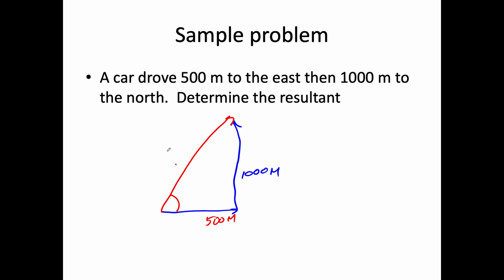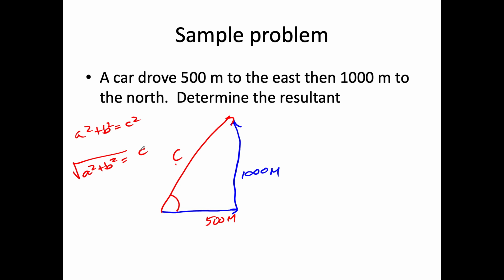So easy. a squared plus b squared is equal to c squared. Therefore, the square root of a squared plus b squared is equal to c. So we can get the hypotenuse first. We take 500 squared plus 1,000 squared, and that's going to be 1,250,000.